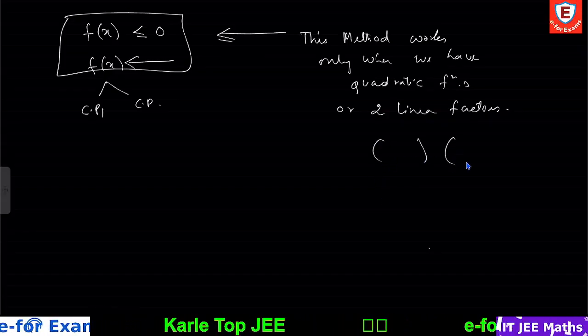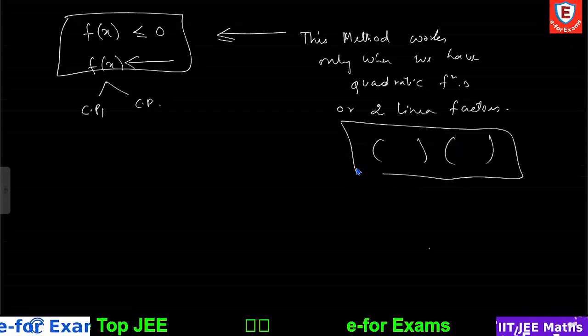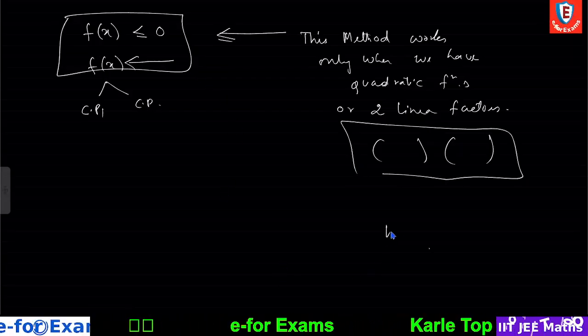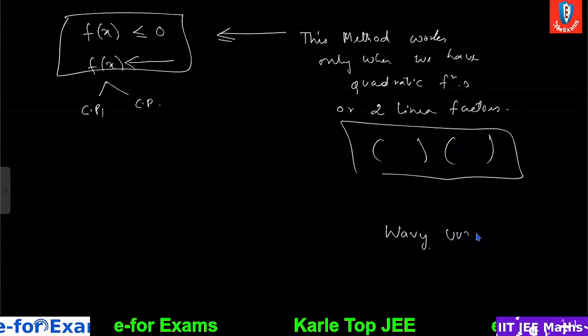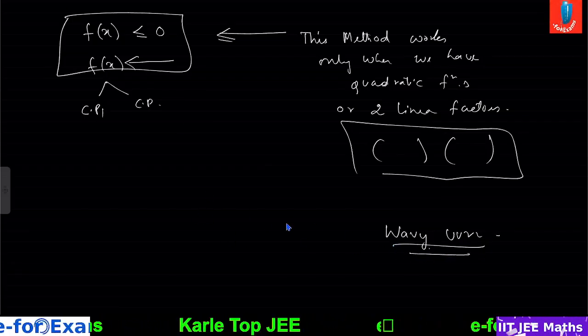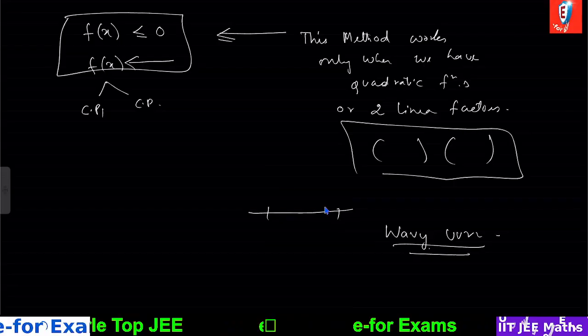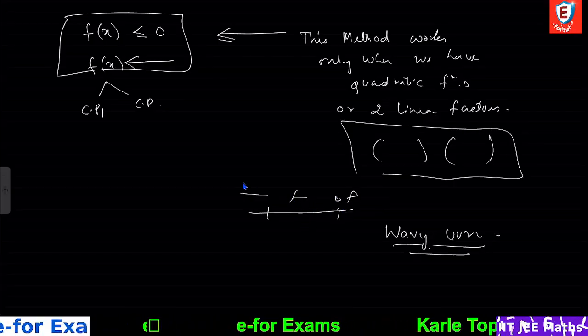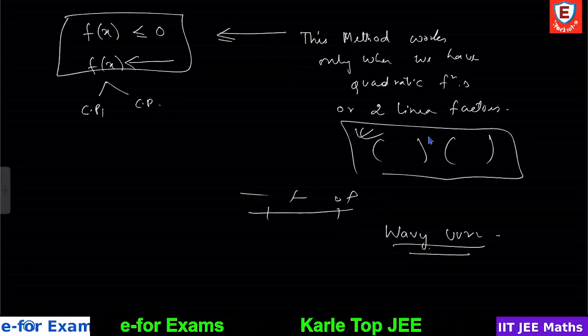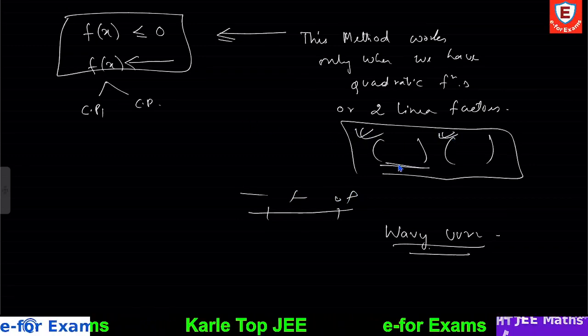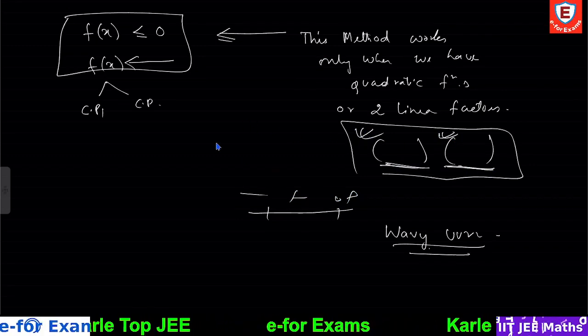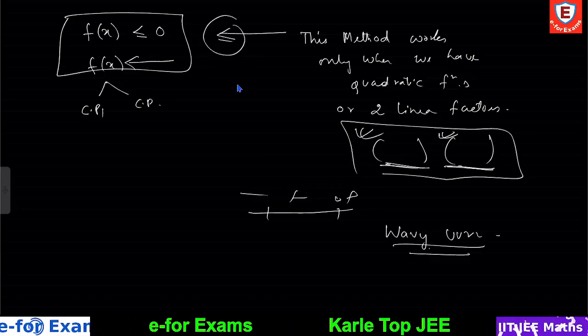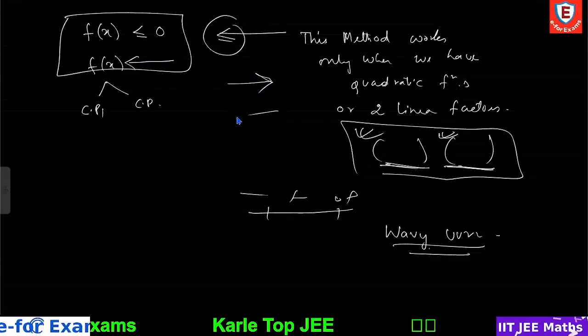That means only two brackets will be there. Only then this direct method can be used. Otherwise, you use the wavy curve method. If you do the wavy curve method, you will have to plot the critical points and then find out plus, minus, plus. But if these are linear factors, only two brackets, then you can use this arrow method directly. Arrow away or arrow towards.